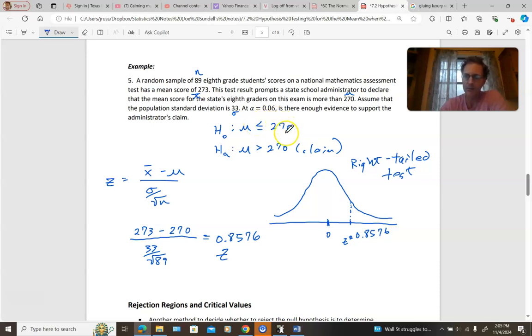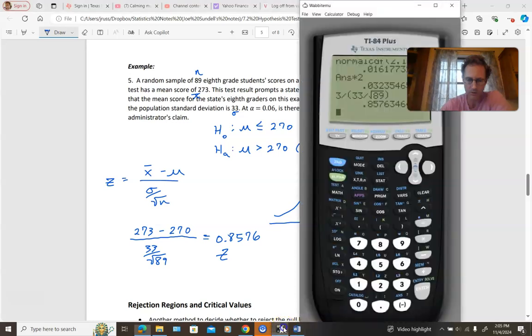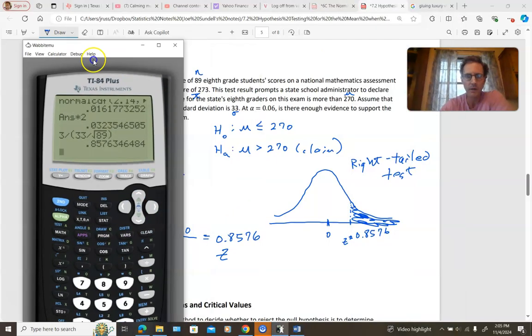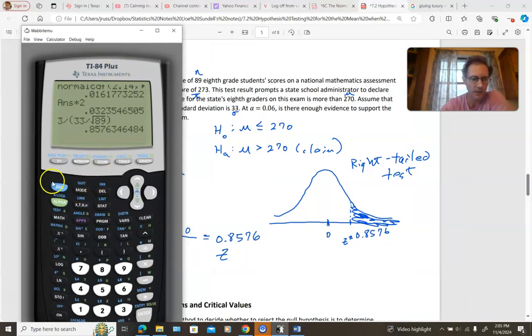So if this claim is true, we would expect to get a standardized test statistic maybe somewhere up to the left. All right, well, let's find the area to the right here. So I will use my normal CDF function again.